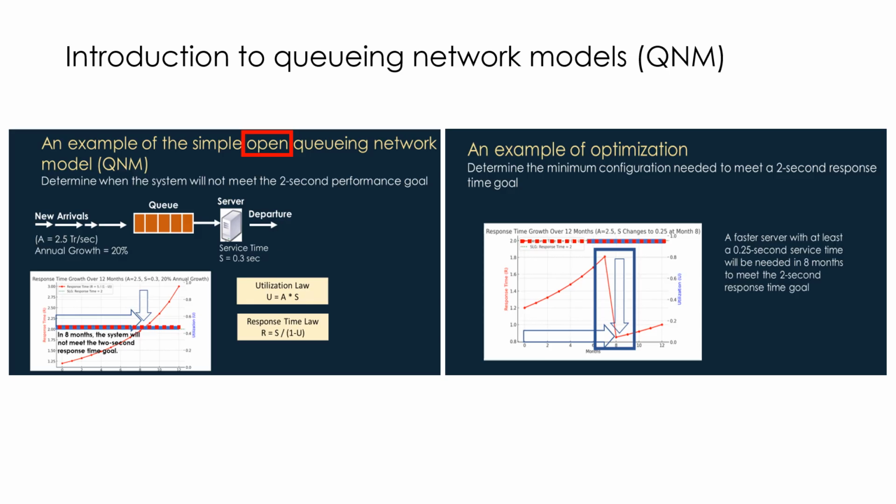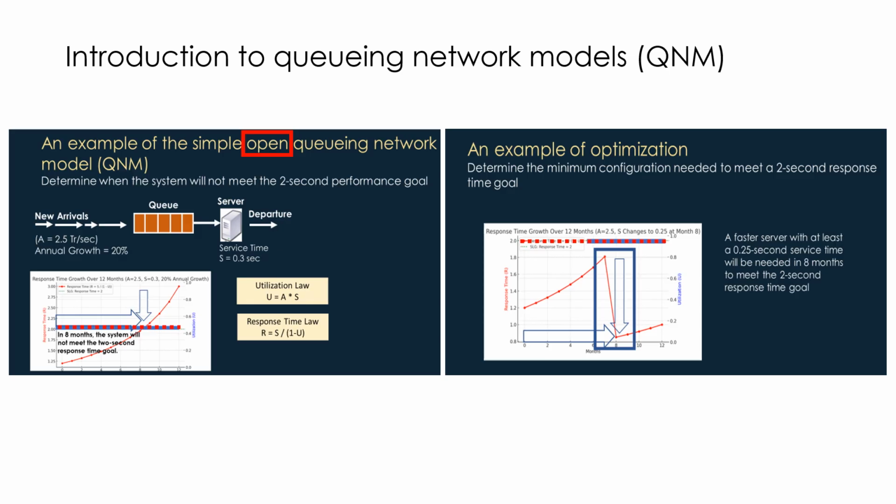As the arrival rate of workload increases at a rate of 20% per year, the utilization increases linearly, but the response time increases exponentially. According to the prediction, the current configuration will fail to meet the 2-second service level goal within 8 months. So if we increase the server configuration to reduce service time from 0.3 to 0.25 seconds, the response time will reduce and become below the service level goal till the end of the year.